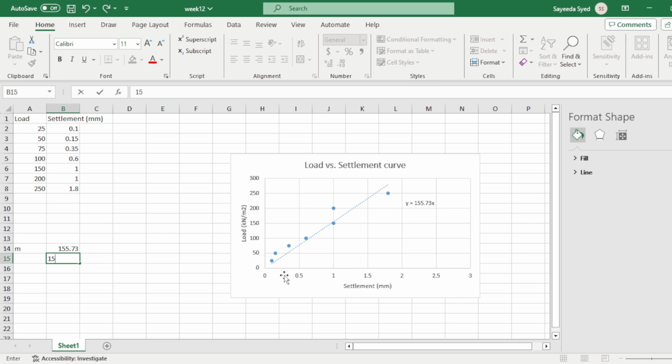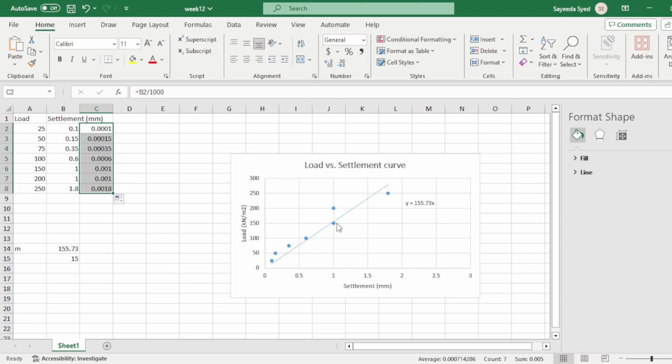We can convert this into meters so that we get it in MKS. Let me take a row here, this divided by 1000, and then we can plot this.